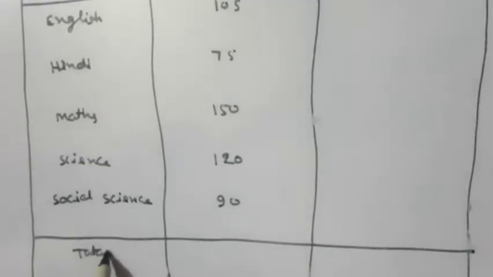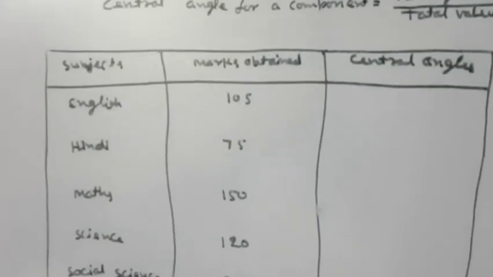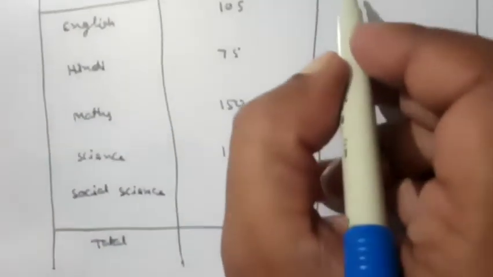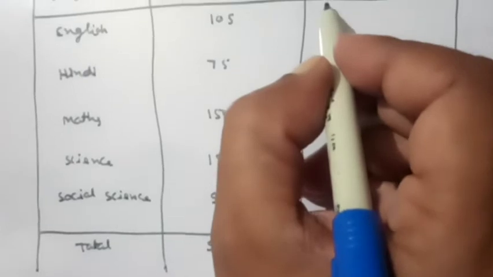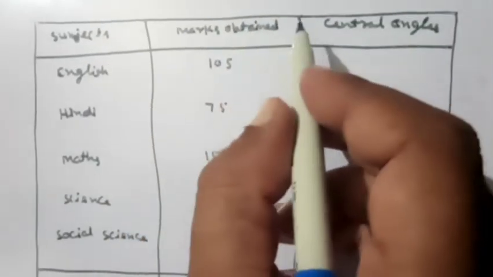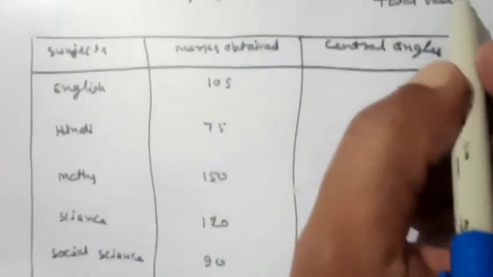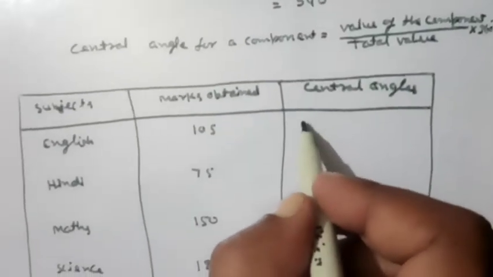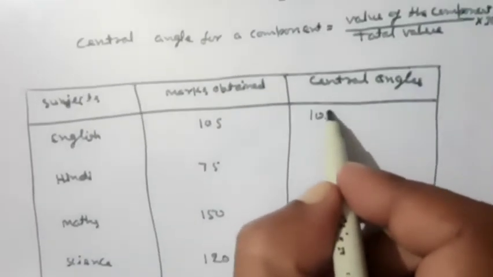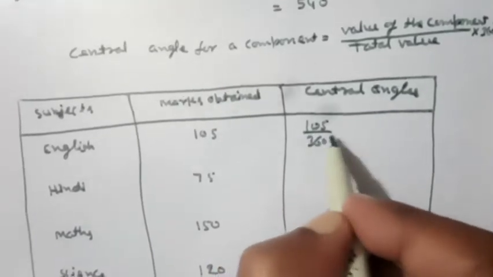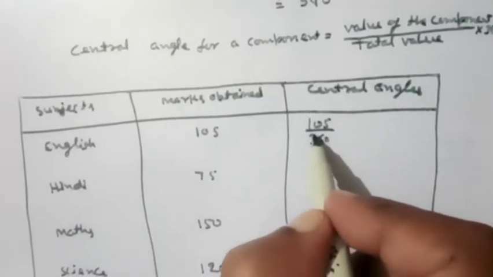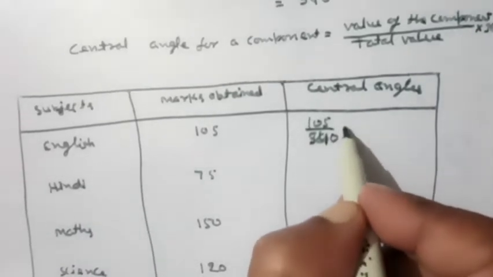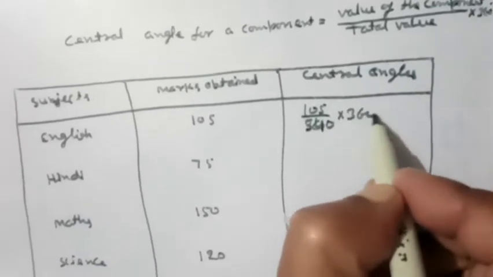Total 540. Now we find central angle. As we know the formula of central angle, value of component divided by total value into 360. So 105 by 540 into 360.